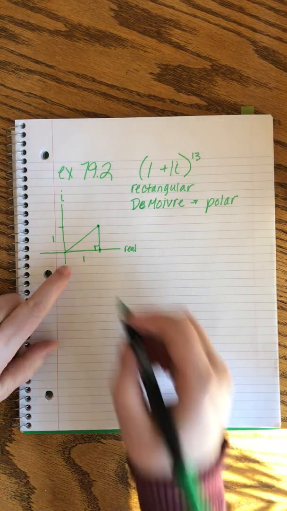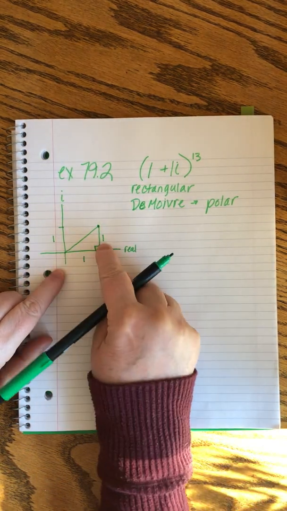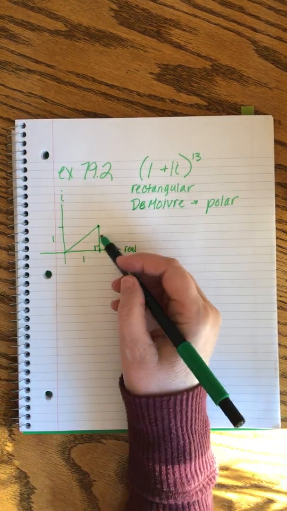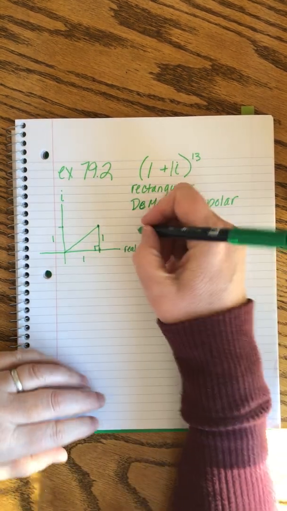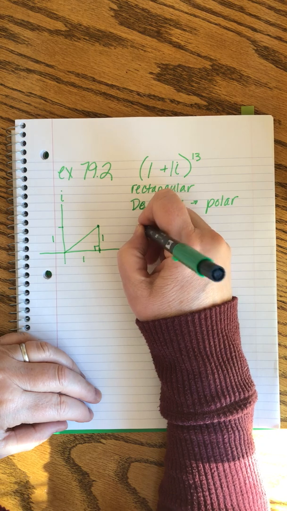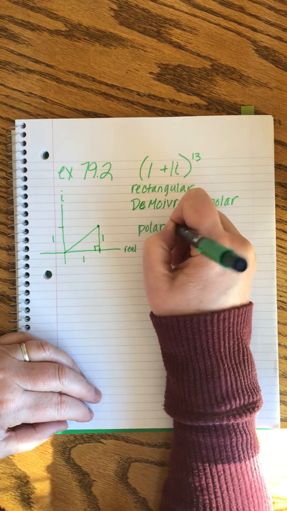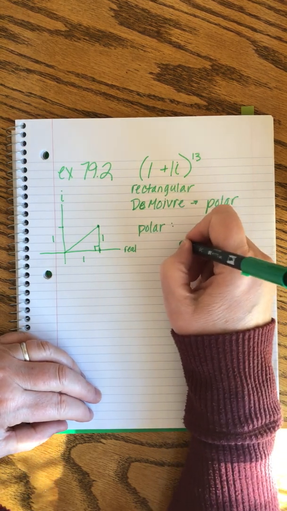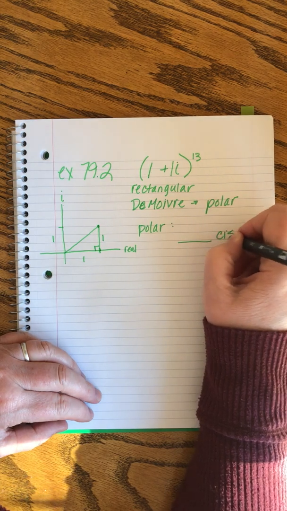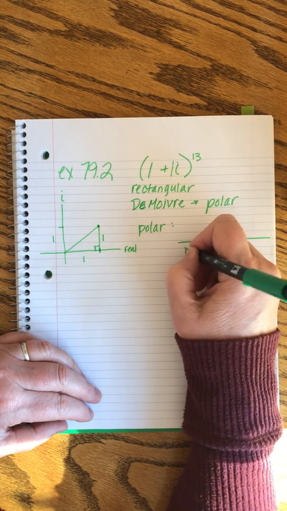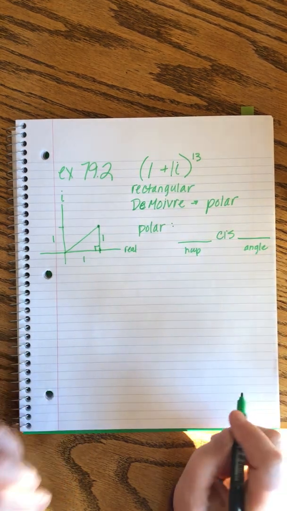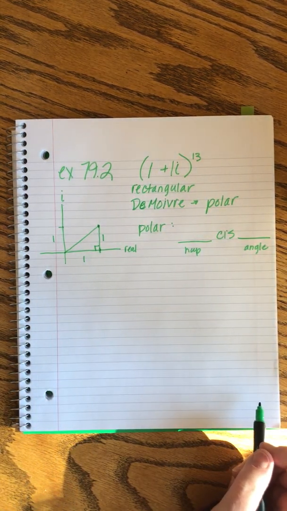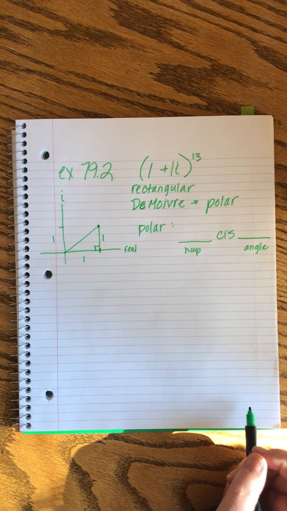Okay, great. We know that, I'm gonna move the 1 over here just so I can see it against my triangle. We know these two sides, what we need in order to write this in polar coordinates. I'm gonna make the shape of it here. We need something, cis, something. Oh yeah, this is the hypotenuse, and this is the angle. All right, we're very well versed in going back and forth between rectangular and polar.